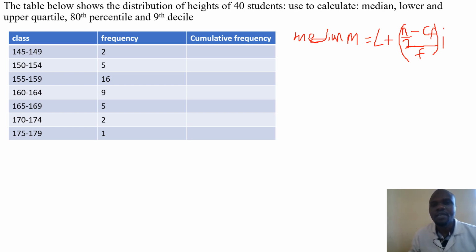For us to get the position where our median class lies, we need to calculate the total cumulative frequency. Our previous frequency here is 0.